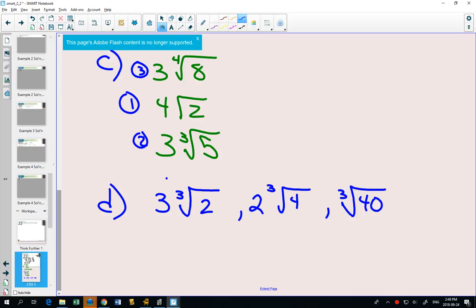And now we'll go back to non-calculator. So now we're going to compare these without our calculator.